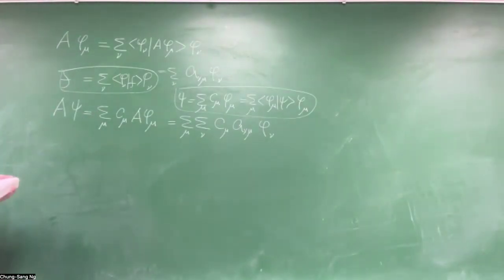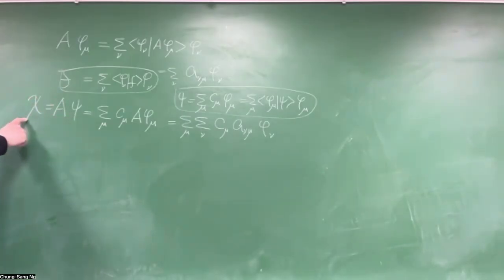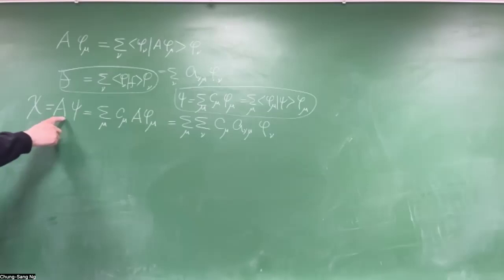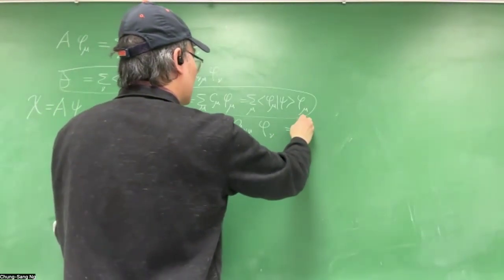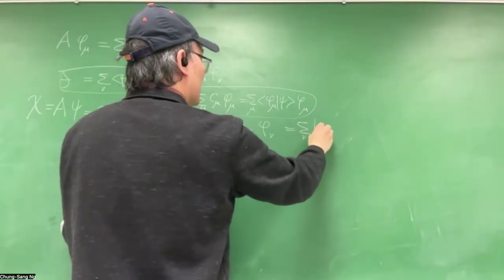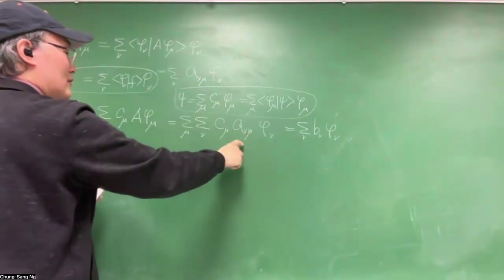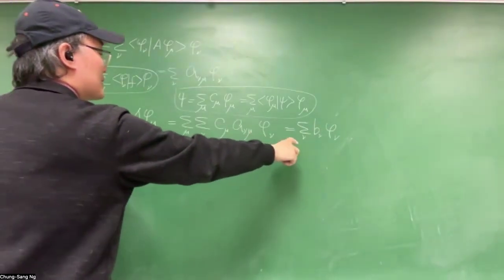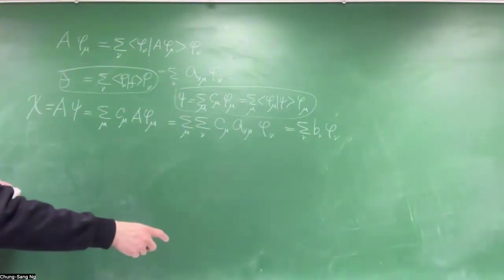And if we give a name to this one, I think your text calls it this. Define this as just another function or another vector, right? We call this the sum over nu of b nu phi nu. So basically, whatever the coefficient in front of phi nu is, we call it b sub nu.